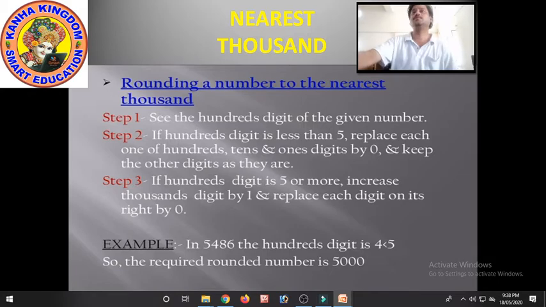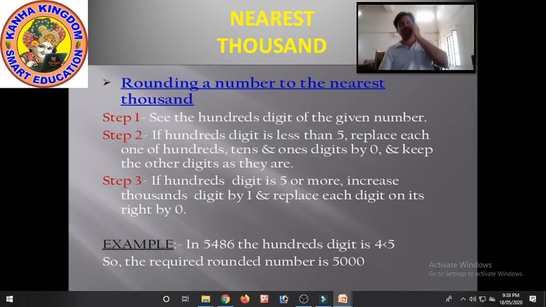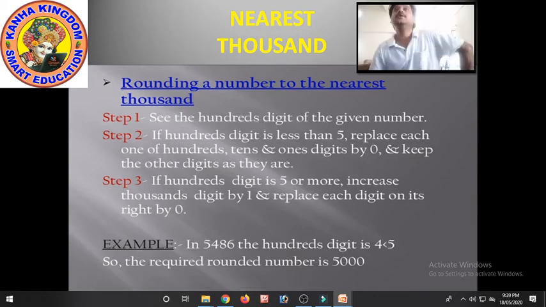So students, now I will explain the nearest thousand. Okay, in nearest thousand, again 3 steps, and this is also very easy to understand. As you all know, nearest 10, nearest 100, now nearest 1000.